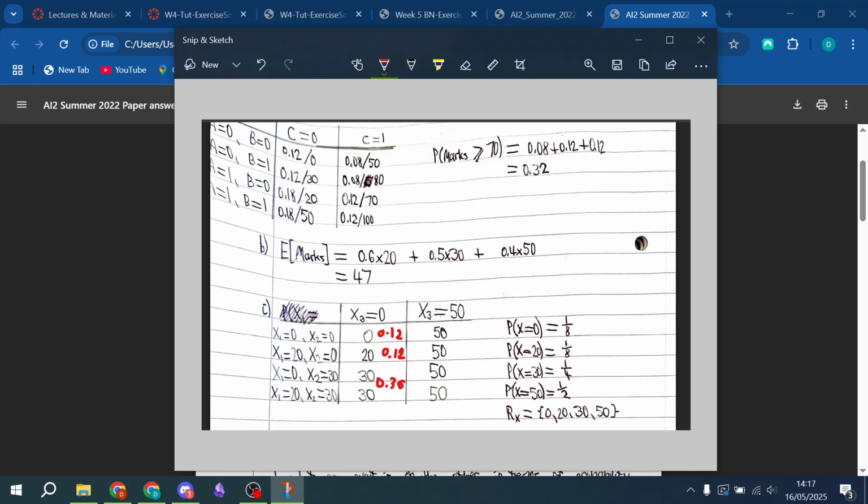It's 0.4. So that's not that. It's 0.12. That's not that. That's also 0.12. That's not that. It's 0.36.